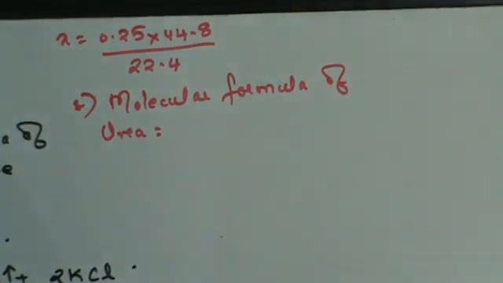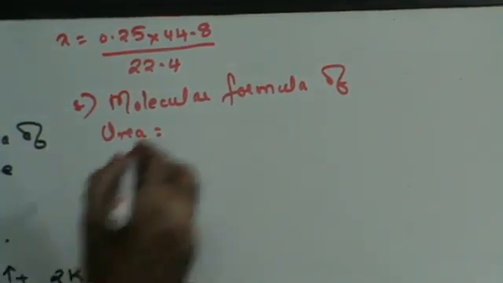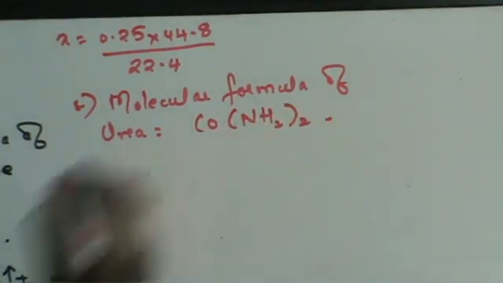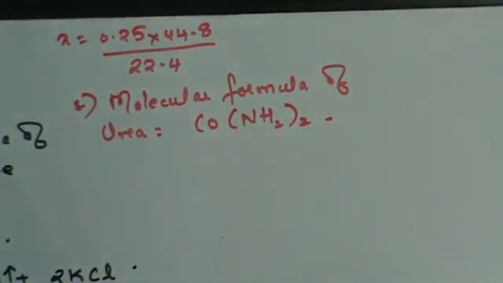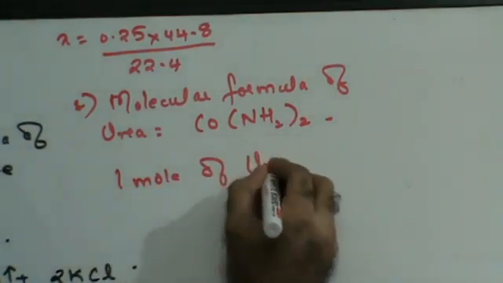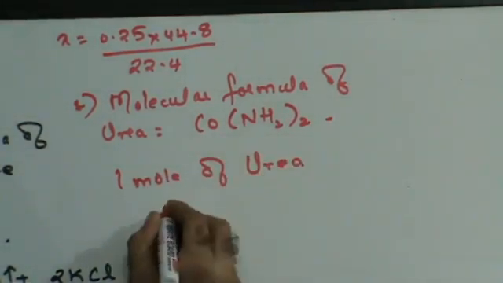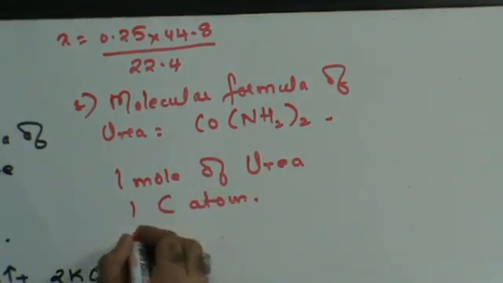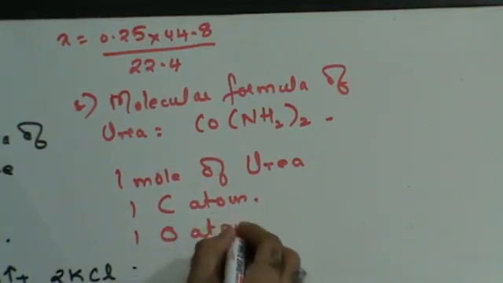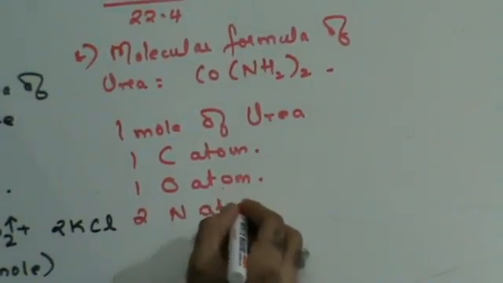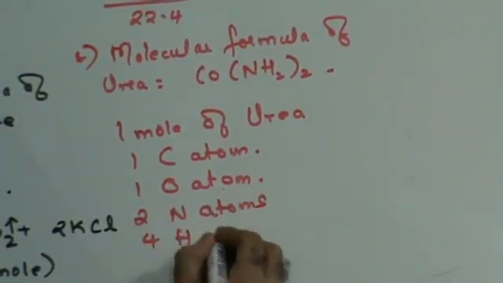Now guys, let's see this. Molecular formula of urea is CON2H4, that's CO(NH2) twice. That means one molecule of urea has one carbon atom, one oxygen atom, two nitrogen atoms and four hydrogen atoms.